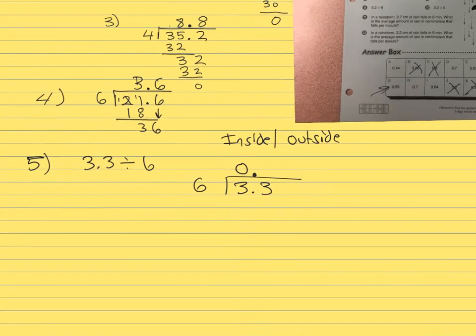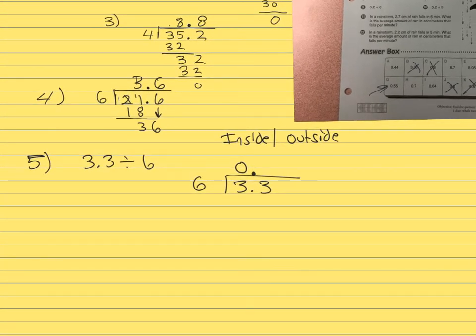So we can put a 0 if we wanted. I'm going to actually move this up. That's what's nice. I got an endless amount of paper. All right, so 6 goes into 3, and 6 times 5 is 30. All right, and then we have 3 left over. I can add some zeros. I can add as many as I want. Okay, so 6 go into 3? No. Bring down that 0. Do you see how it's nice and in line, too?